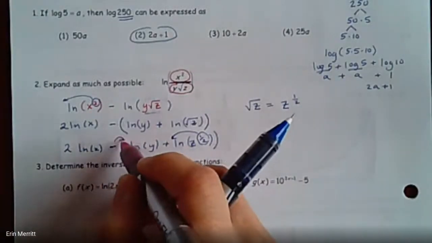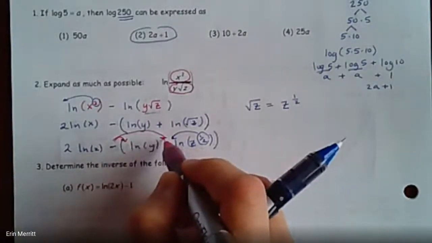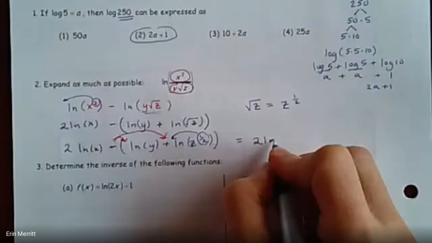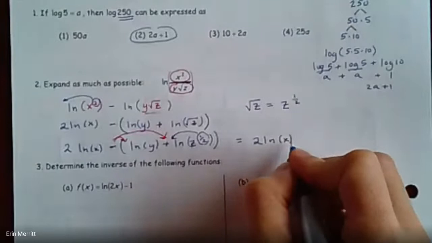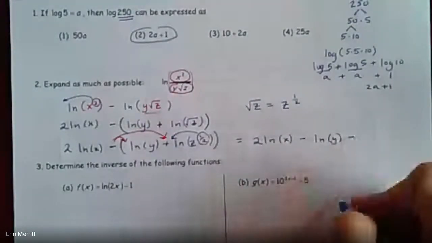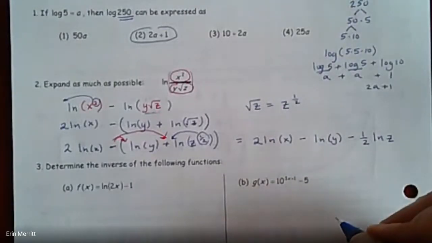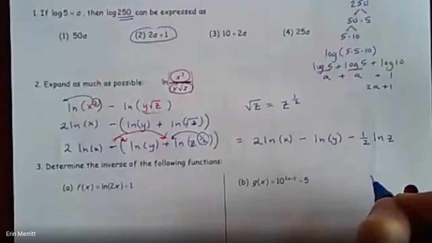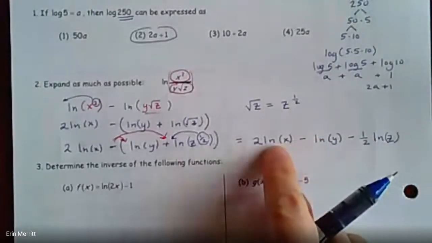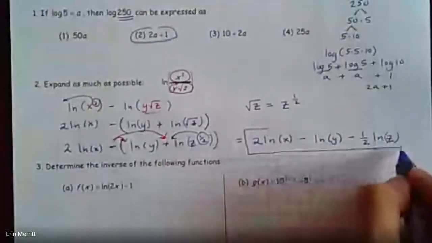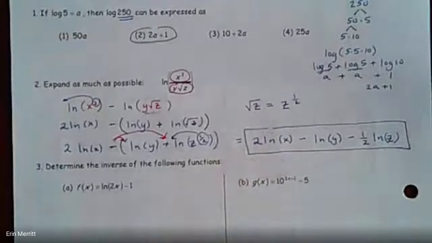So I'm going to take that minus sign and distribute it here, distribute it here. So I'm going to have 2 natural log of x, and then minus the natural log of y. That's going to switch to minus, and the 1/2 is going to drop out front, the natural log of z. And how I know I've expanded it as far as it can go is inside each log, there's only one single value. So a single x, single y, single z. There you go.